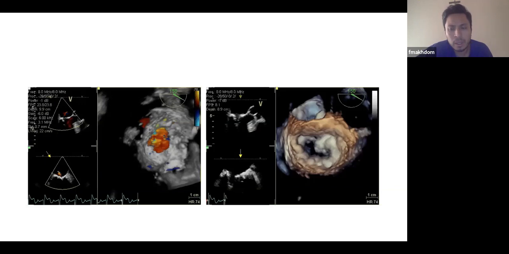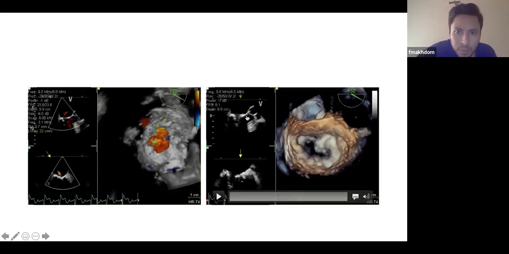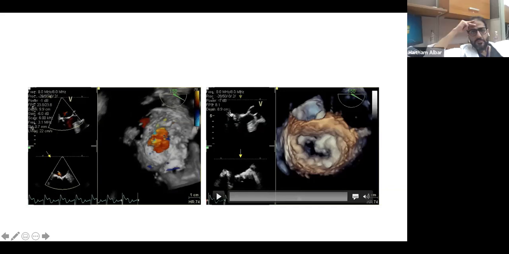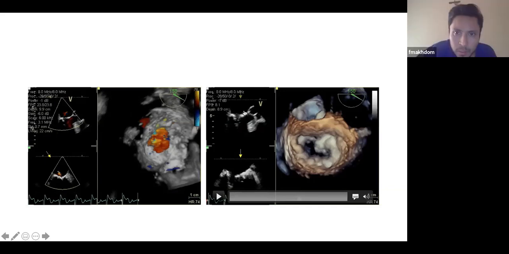One major thing for valve in MAC during transcatheter, compared to an open one, is that you have a very long anterior mitral valve leaflet. Can you imagine putting a prosthesis here?